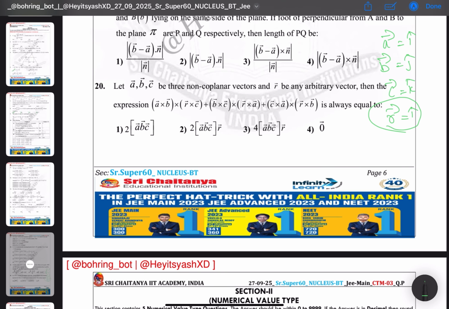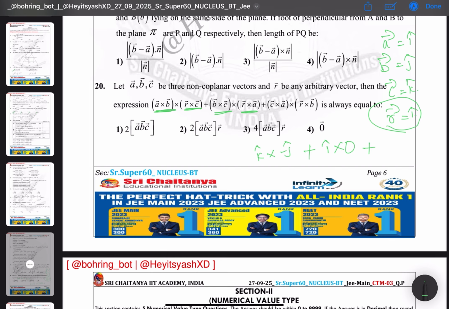So now a bar cross b bar, that is simply k cap cross r cross c. So i cross k. K cross i is j, i cross k is minus j cap, plus b bar cross c bar. So that is i cap cross r cross a. So that is i cross a, that will be 0, plus c bar cross a bar.